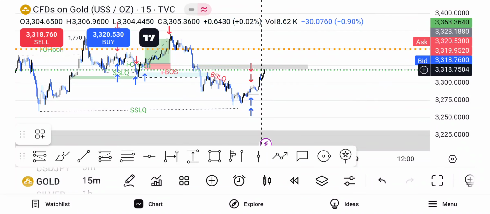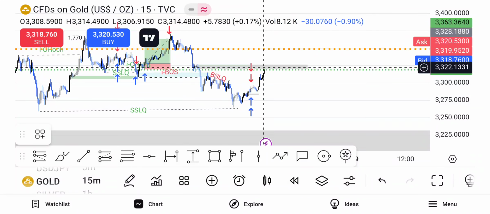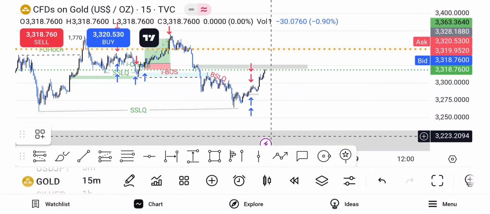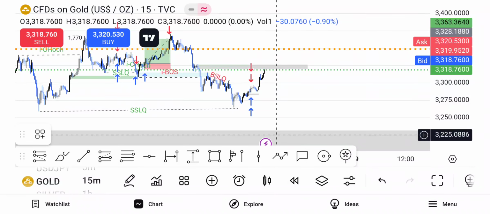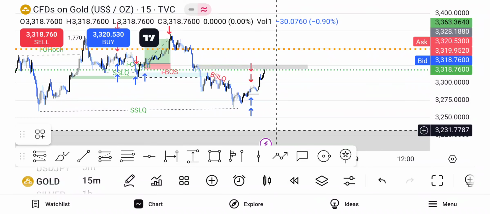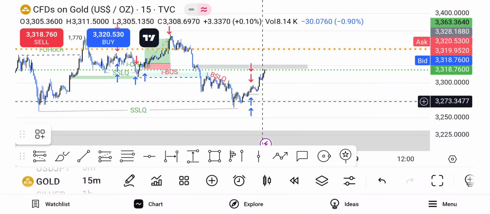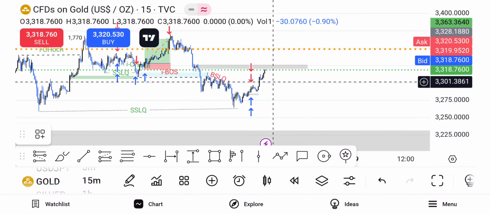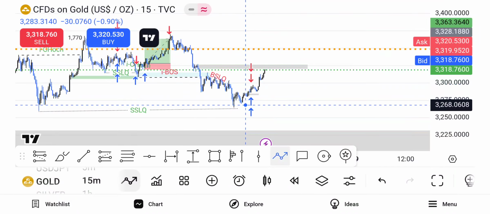So the sweep of liquidity is happening right now, and I'm waiting for the market to open on Sunday and hope it retraces around this level to move the price around this area of support, so that it will sweep the liquidity and move into the support, and then boom, just like this one. Wait, let me show you.